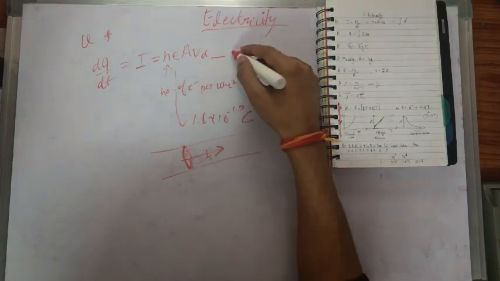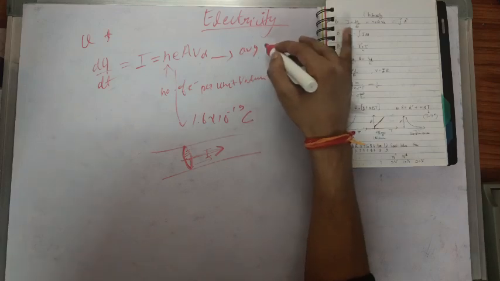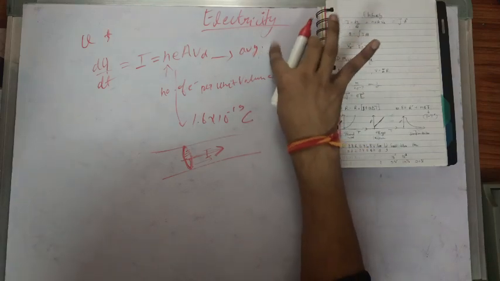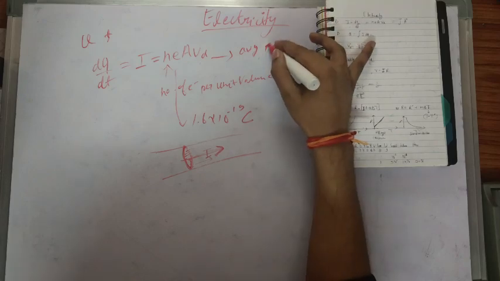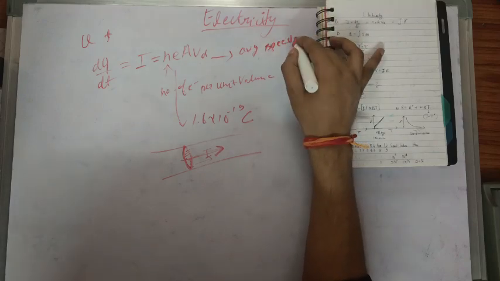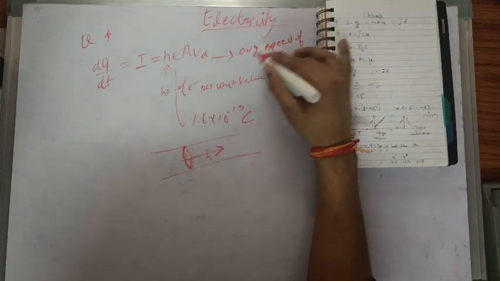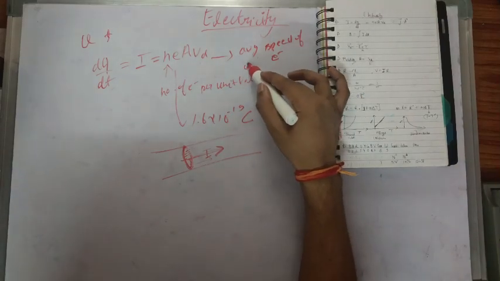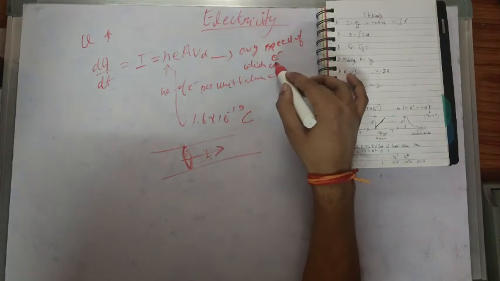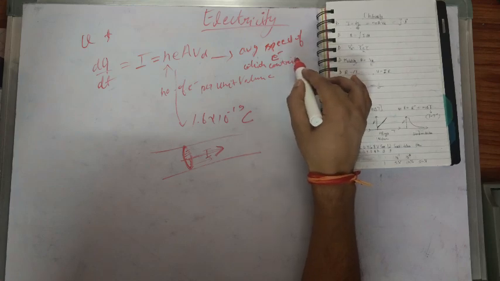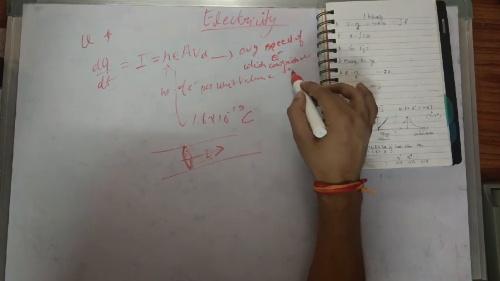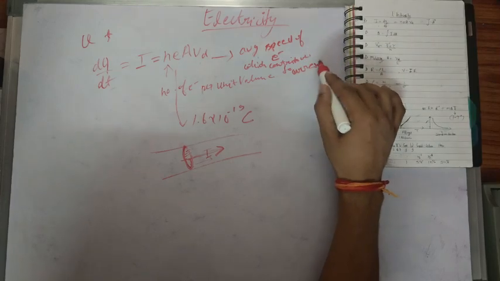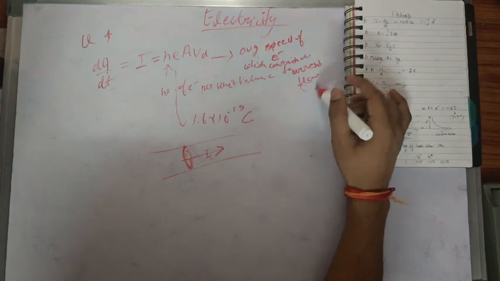Drift velocity is the average velocity, sorry, we can say the average speed of the electron which contributes to the current flow.